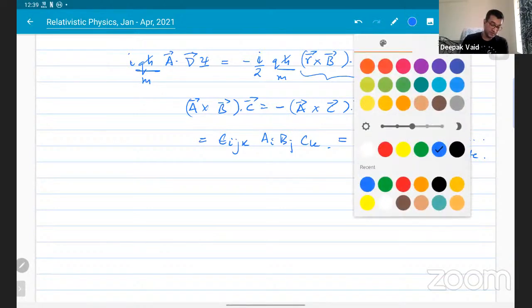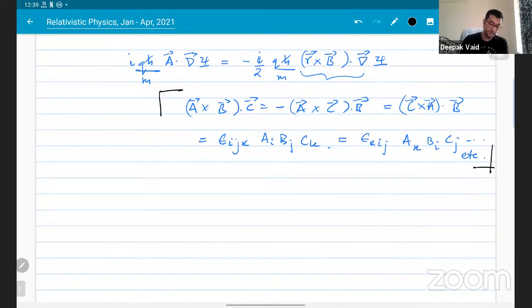So this expression that we have over here, R cross B dot gradient, can be written as minus R cross gradient dotted with B. Why? Because again, B is a constant field.